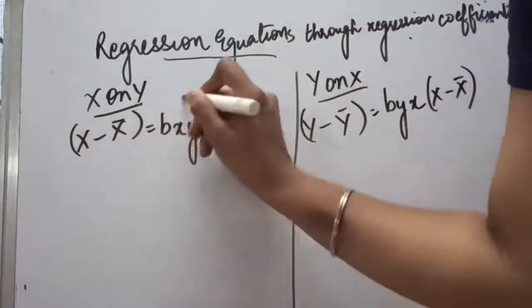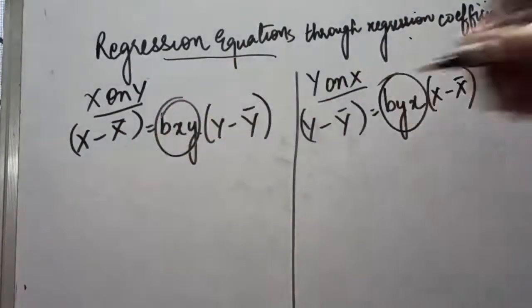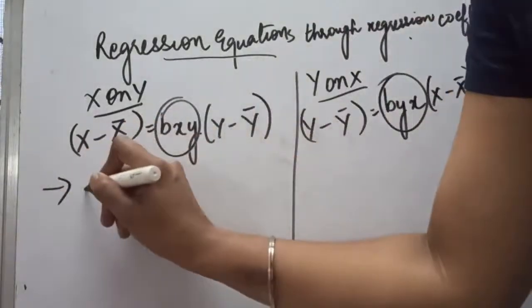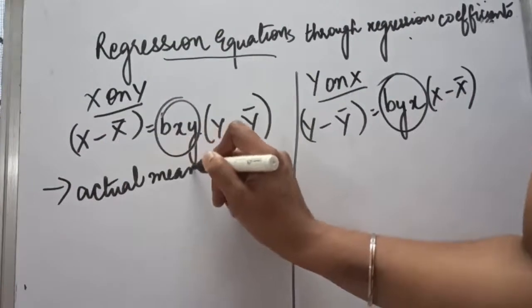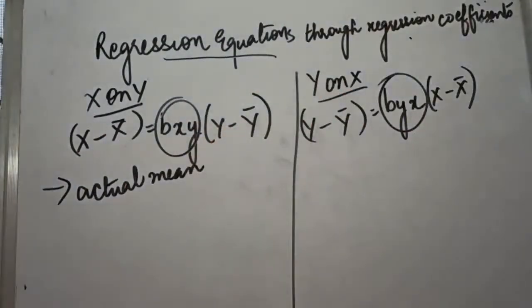For the calculation of bxy and byx, deviations can be taken from the actual mean, or deviations can be taken from an assumed mean. Even without taking deviations you can calculate such questions.